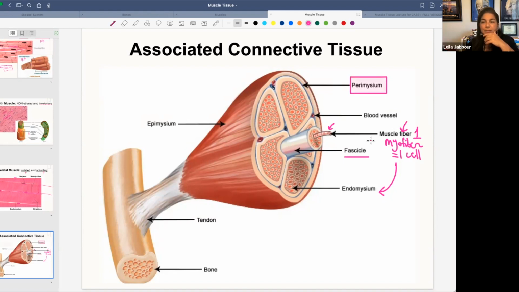So perimysium is the connective tissue that is around a fascicle. So to wrap the myofibers, we use some perimysium, and we created a bundle that we call fascicle. And then several fascicles, so there's one here, another one here, another one here. All of these fascicles are going to be wrapped on the surface with epimysium.